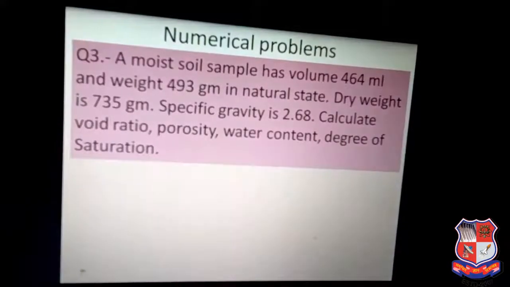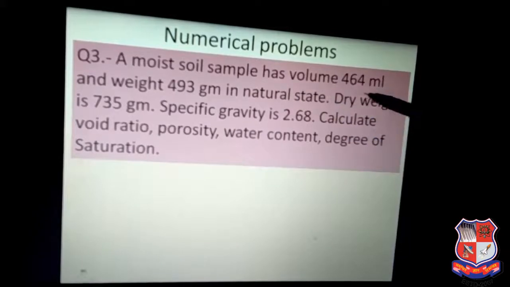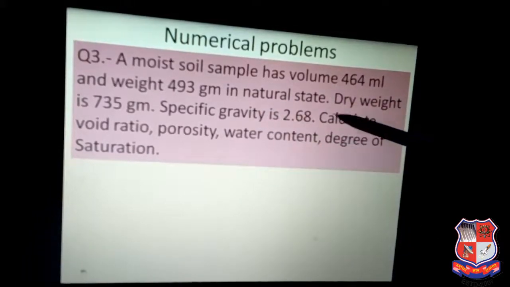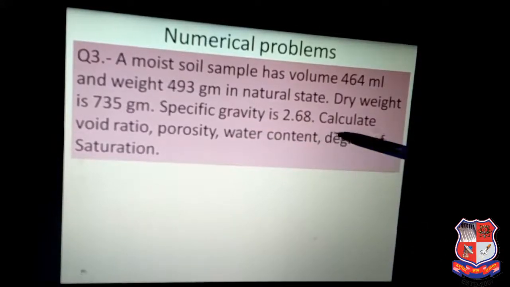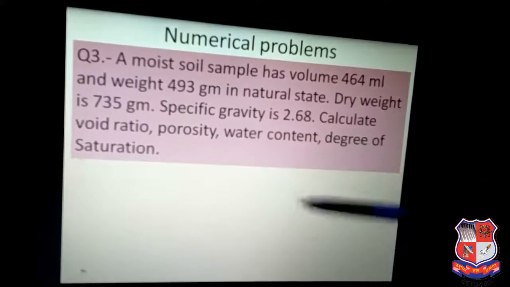The next numerical is: a moist soil sample has volume 464 milliliter and weight 493 gram in natural state. Dry weight of soil is 735 gram. Specific gravity is 2.68. Calculate void ratio, porosity, water content and degree of saturation.